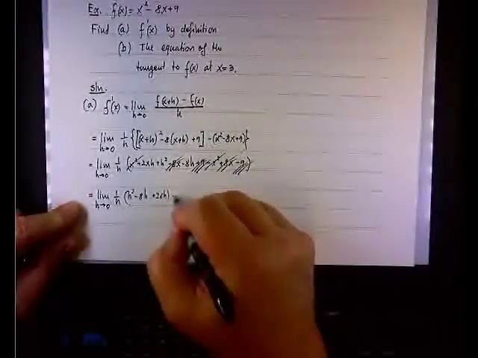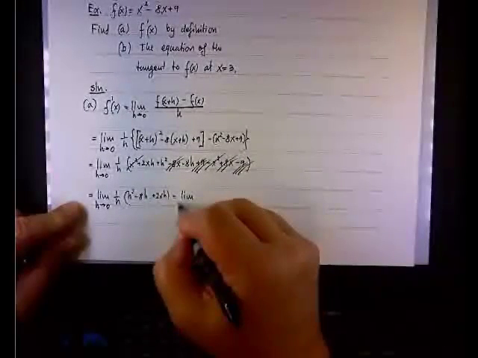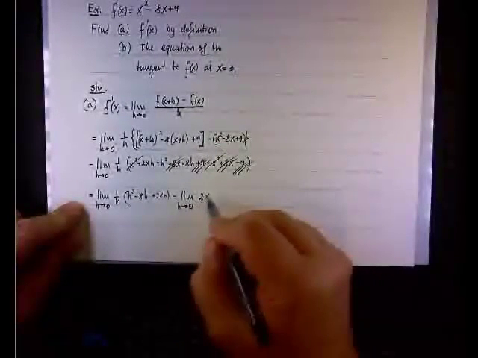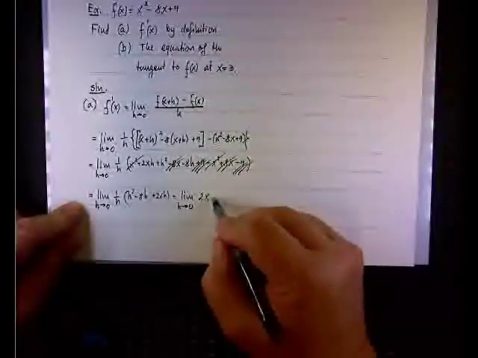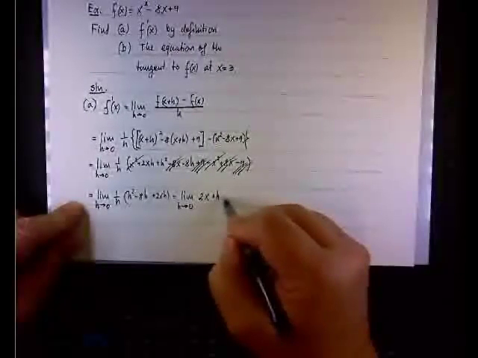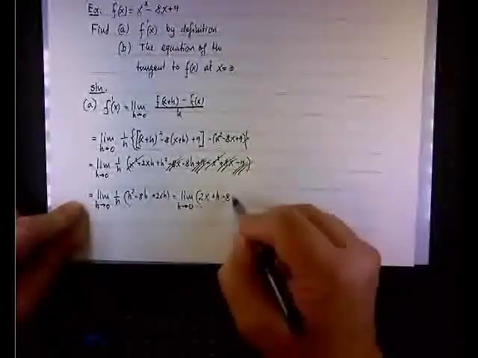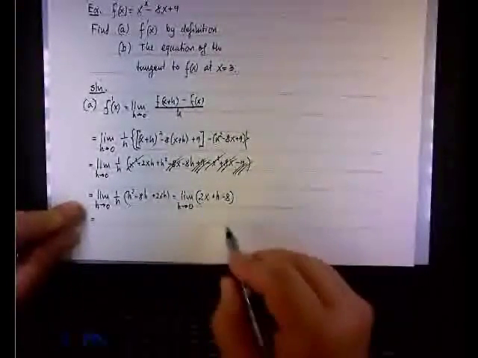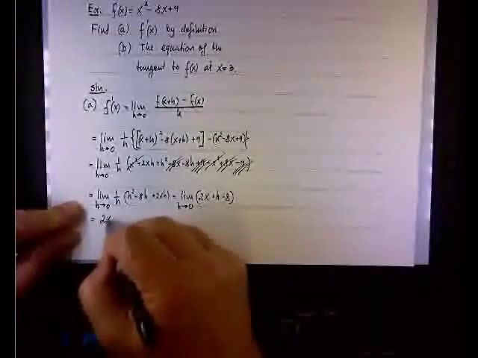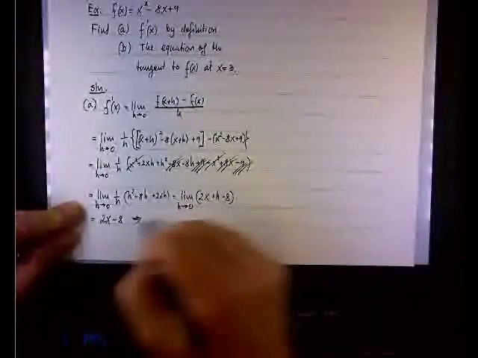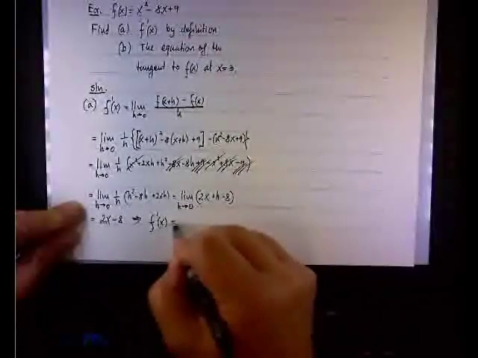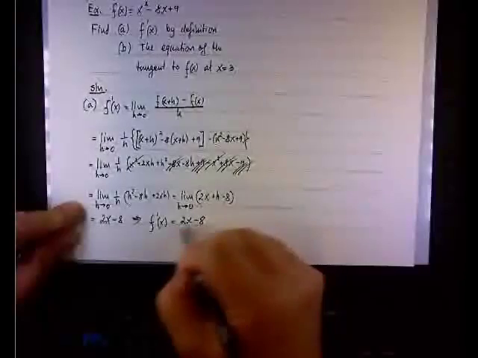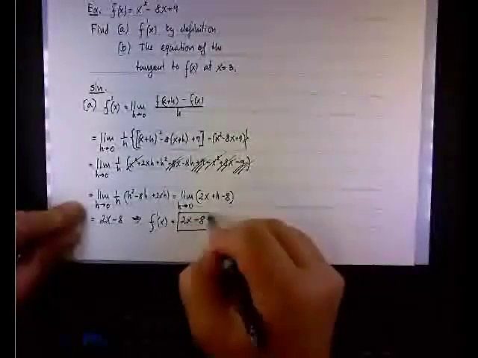And when you multiply it by 1 over h, then what is left now is the 2x, and then we have plus h minus 8, right? And now by substitution, when you let h go to 0, you end up having 2x minus 8. So f prime of x equals 2x minus 8, and this will be the answer for the first part.